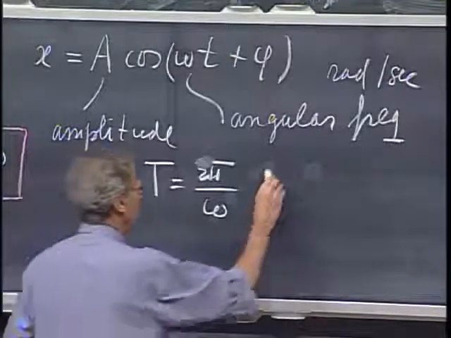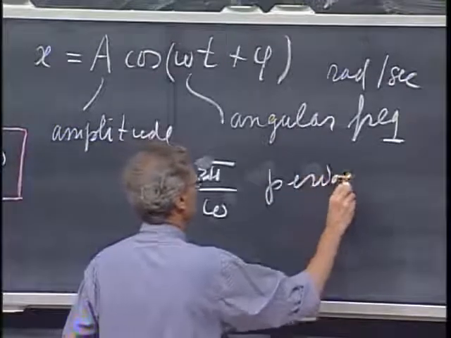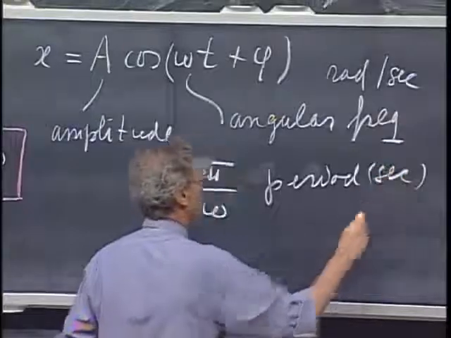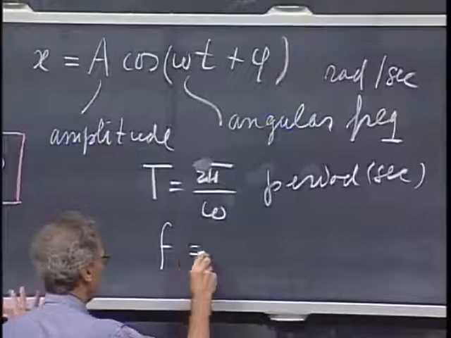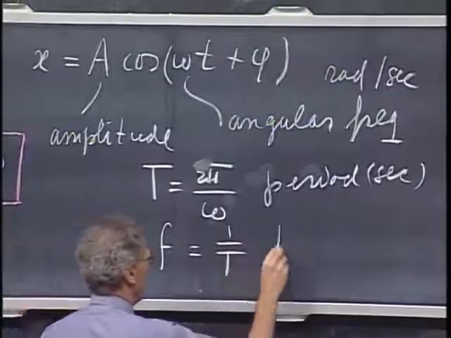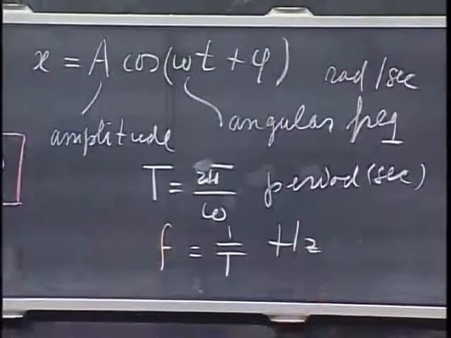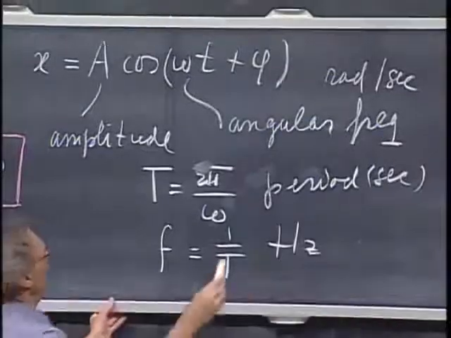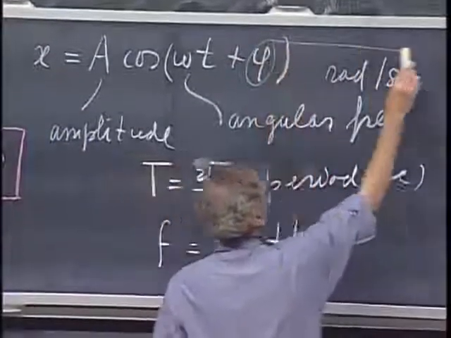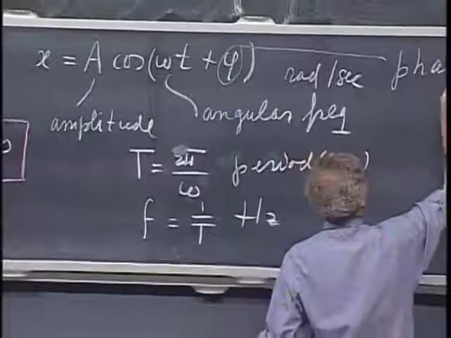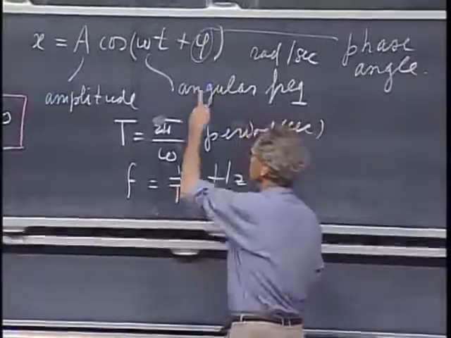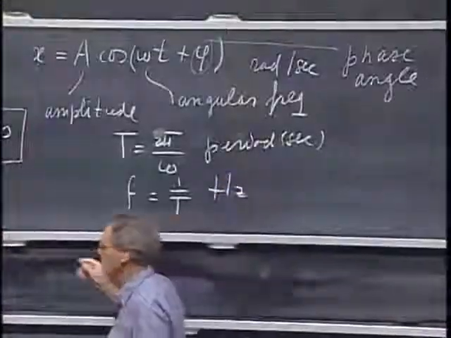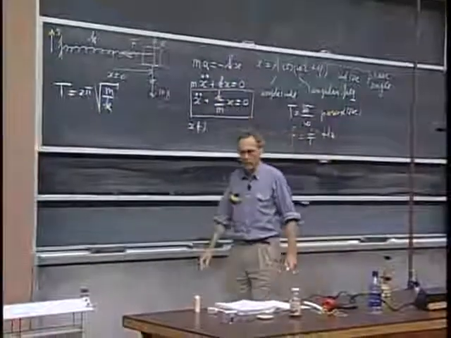So this is the period of the oscillation, and that is in seconds. And you can define the frequency of the oscillations, which is 1/T, which we always express in terms of hertz. And then here we have what we call the phase angle, and I will return to that. That's in radians. And this trial function, I'm going to substitute now into this equation.